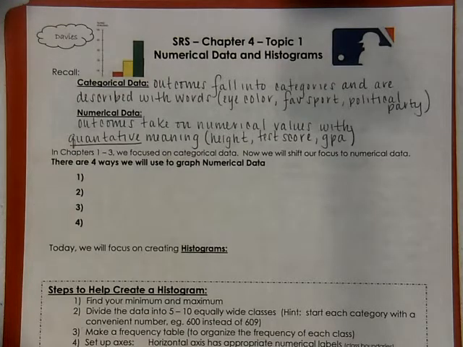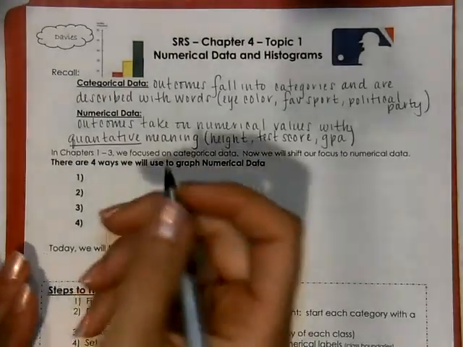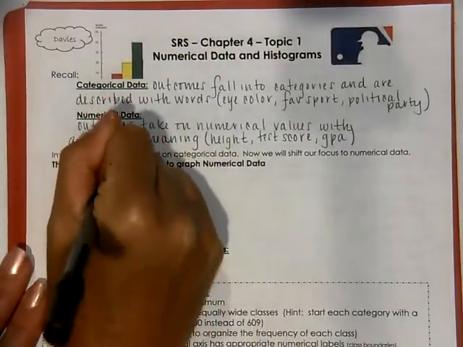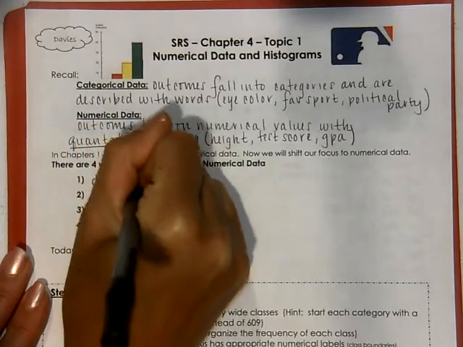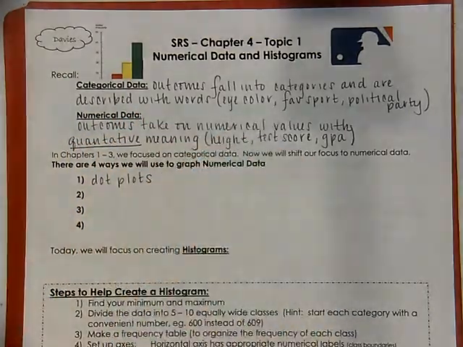There are 4 ways we're going to use to graph numerical data. One you've seen frequently so far, which is dot plots. Now, new to chapter 4 are the following 3.